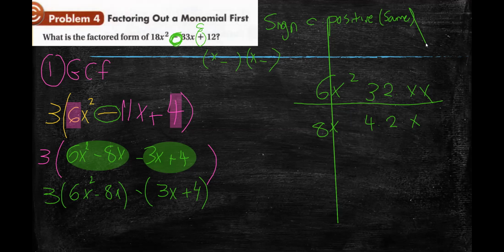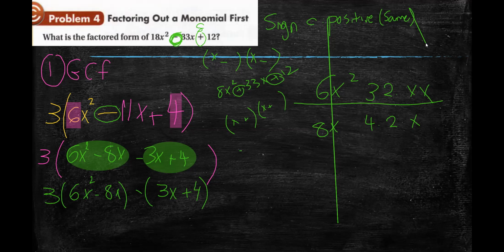If the sign of B is positive, like in this example, the sign of C, the constant, is positive. That means we have same. Same sign of B. What is the sign of B here? Positive. So after I open the brackets, I put positive, positive for both of them.